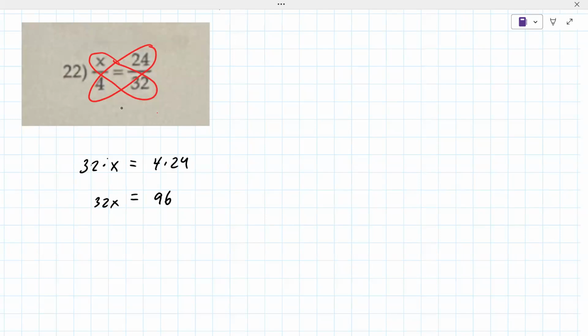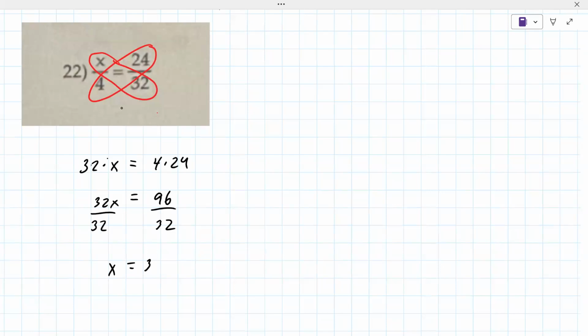Divide both sides by 32. Okay. And it would be 3. X equals 3. Good.